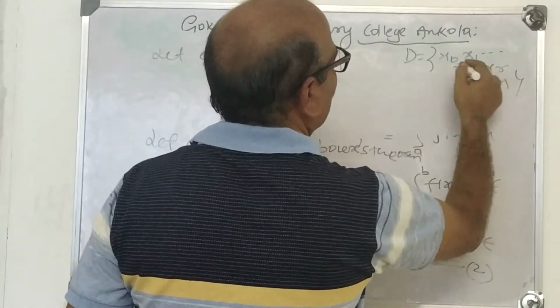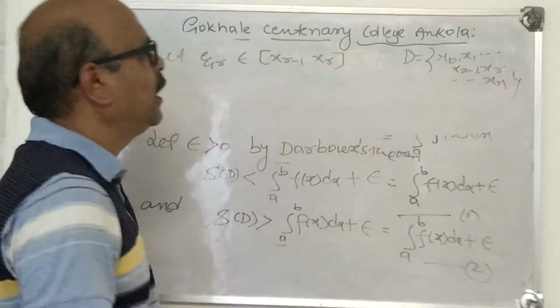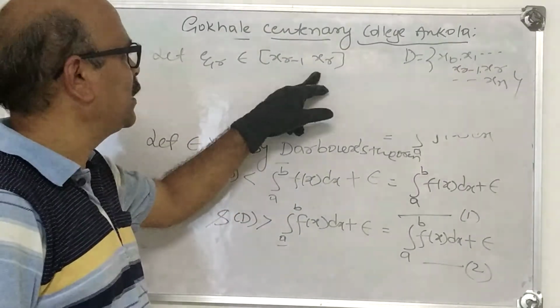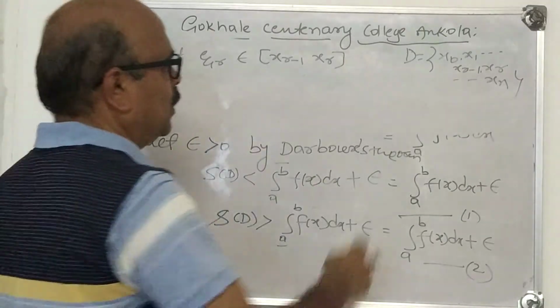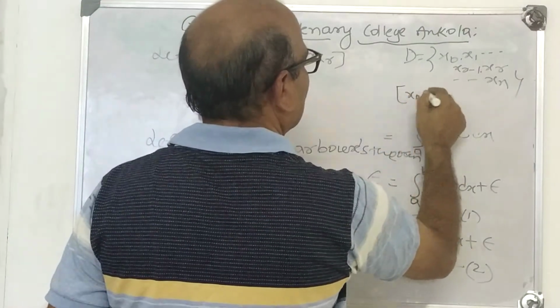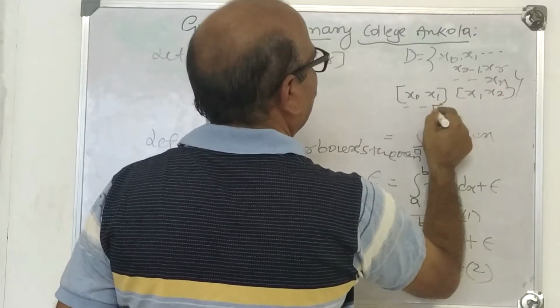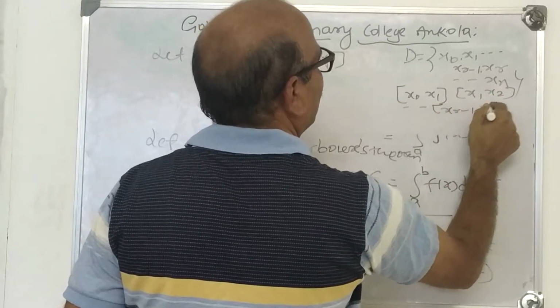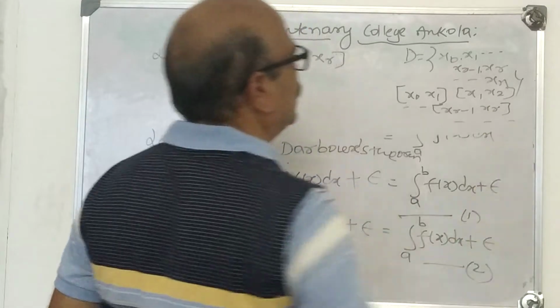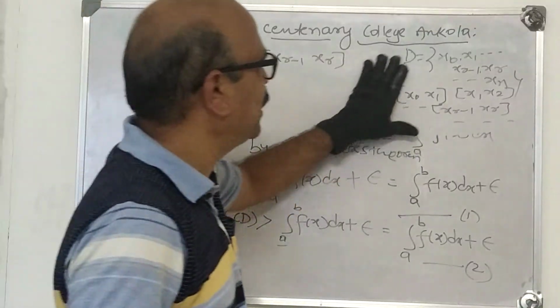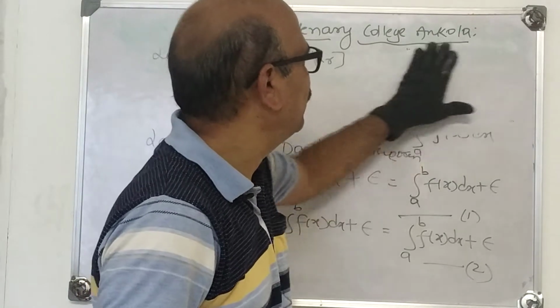By these points we have divided [a, b] into n subintervals, and one subinterval is [x_(r-1), x_r]. Now xi_r belongs to the r-th subinterval [x_(r-1), x_r].